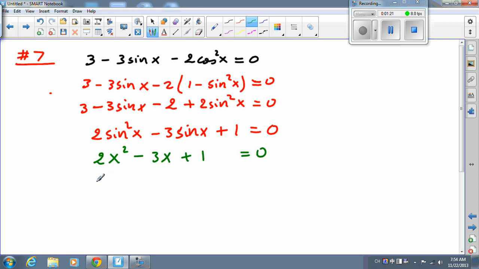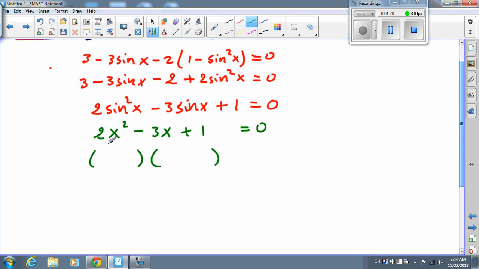And if I want to factor this quadratic, I'm using the shortcut. I know that I will have 2x and x here. I need a 1 as a product and a negative 3.